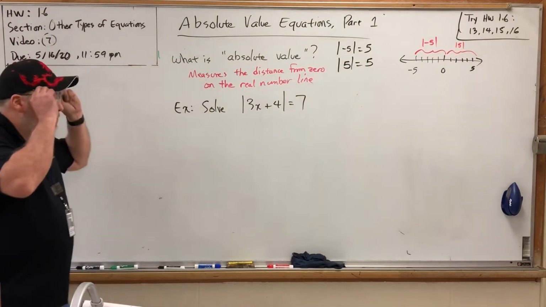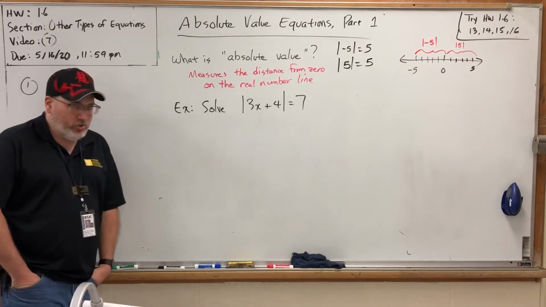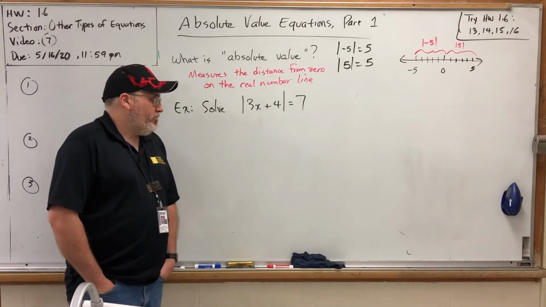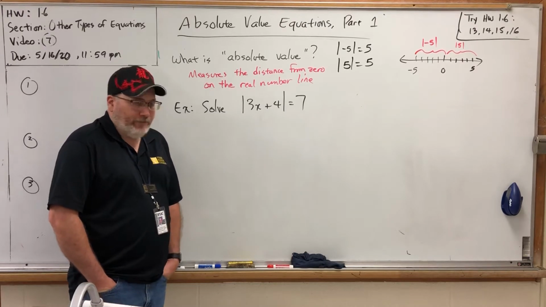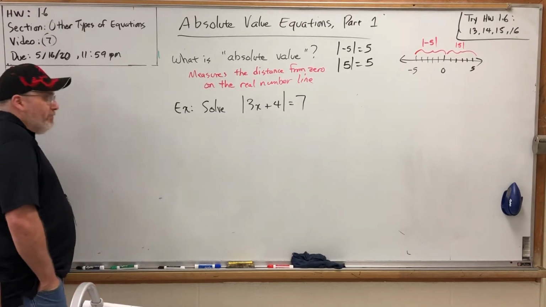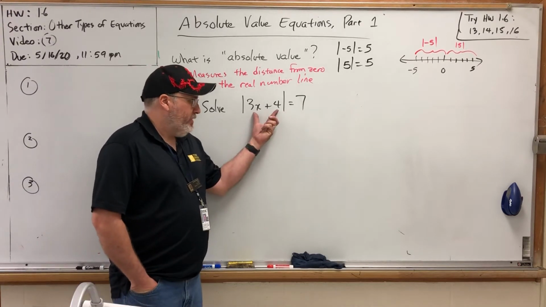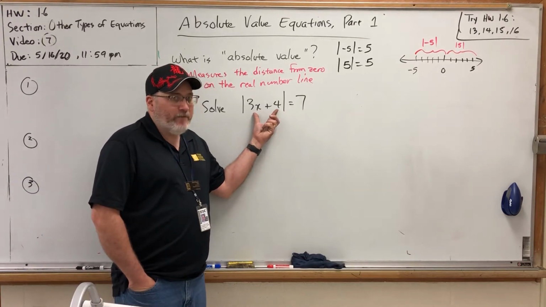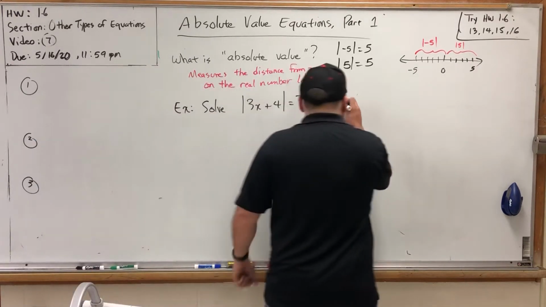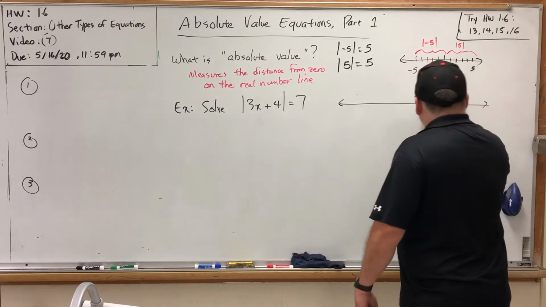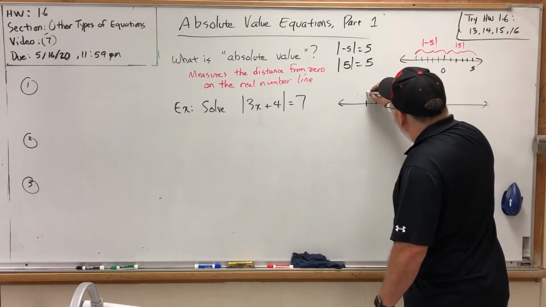Now, how can we use that to help build a technique and understand how to solve absolute value equations? Well, think about this equation. Solve the absolute value of 3x plus 4 is equal to 7. Well, knowing what absolute value means, what we're saying is that this expression is 7 spaces away from 0 on the number line. So in other words, 1, 2, 3, 4, 5, 6, 7.